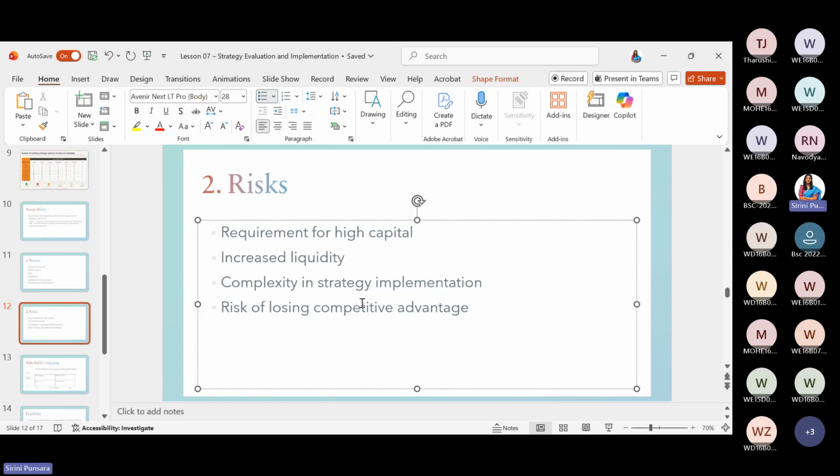Right. So acceptability in the sense we are going to check whether our strategies generate possible outcomes which are in line with stakeholder interest. In there, we can use return, risk, and then the other one is stakeholder reactions. Here we will be learning something else called stakeholder mapping.